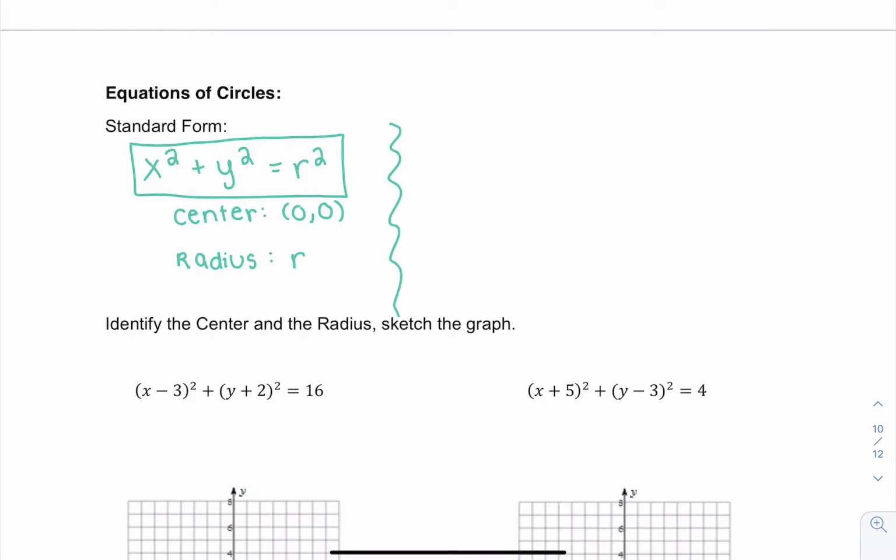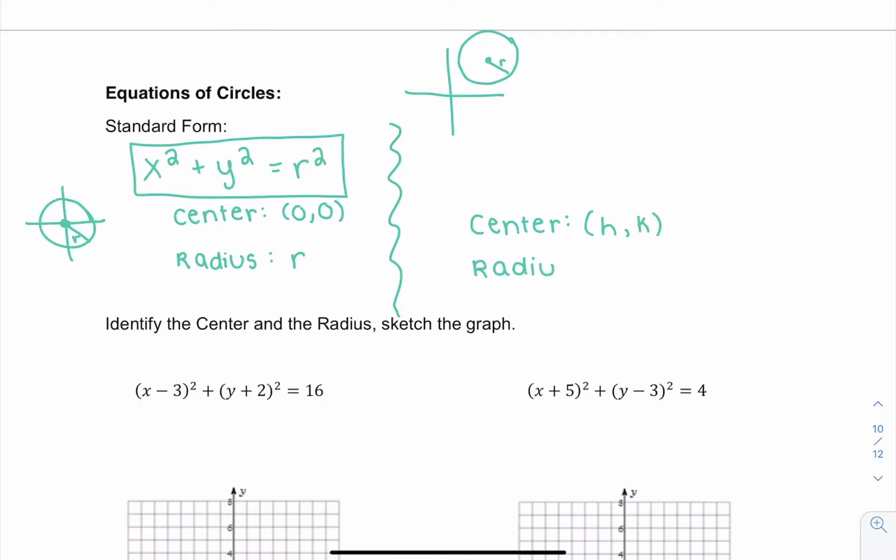Now, since this is only for circles at 0, 0 with some radius r, you might wonder what happens if we move the circle somewhere else. So maybe our circle is actually over here at some point with some radius. In that case, our center might be some point, and we're going to call it h, k, and our radius is still just r.